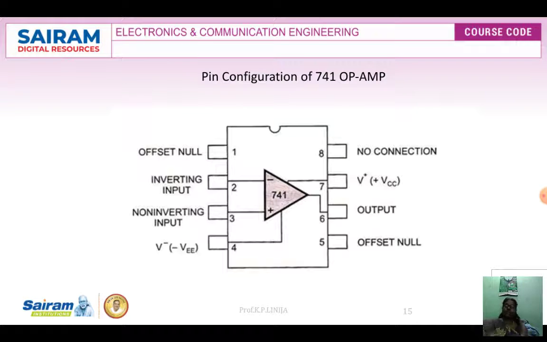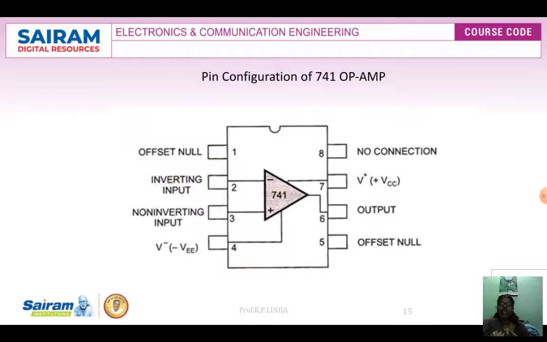We know that a combination of n number of transistors is formed as an IC op-amp, that is, an integrated circuit. Here pins 2 and 3 are the inputs, and the sixth is the output. The 7th and 4th pins are the supply voltages. Now, coming to this pin diagram of 741, this pin configuration plays a vital role in practical connections.